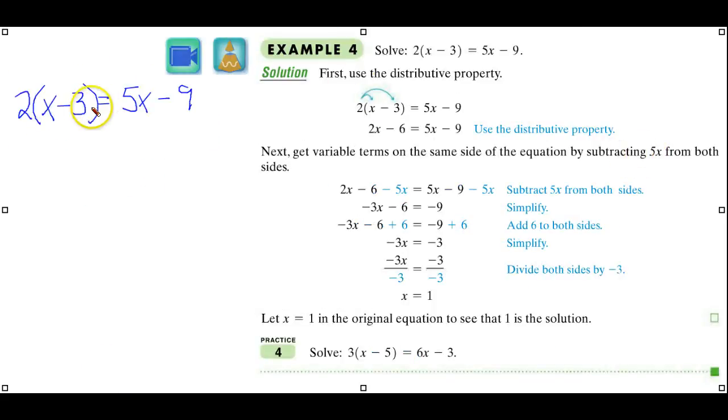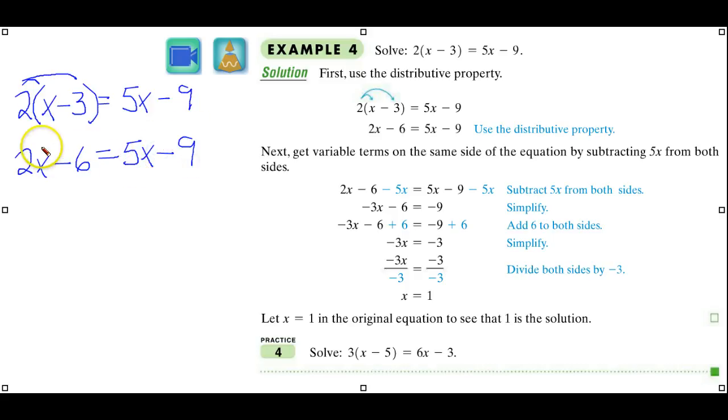Now another type of thing you run into in solving equations is where you have a parenthesis. So one of the rules is to get rid of grouping symbols, which is what we see here. And we use the distributive principle to do so. So we get 2x minus 6 equals 5x minus 9.